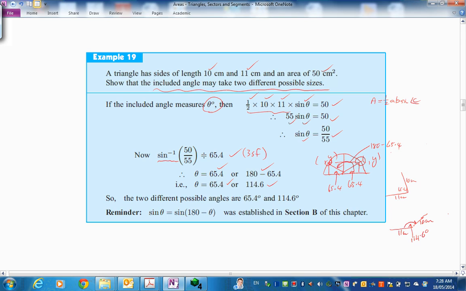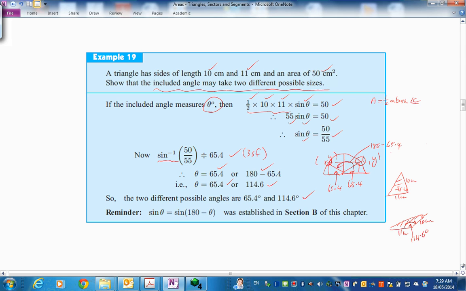So that's what we're talking about. And the areas of those different shapes would be both 50. This is a long, skinnier one, if you like. That's the idea. Try and get some geometry going in your head there. So there are two angles.